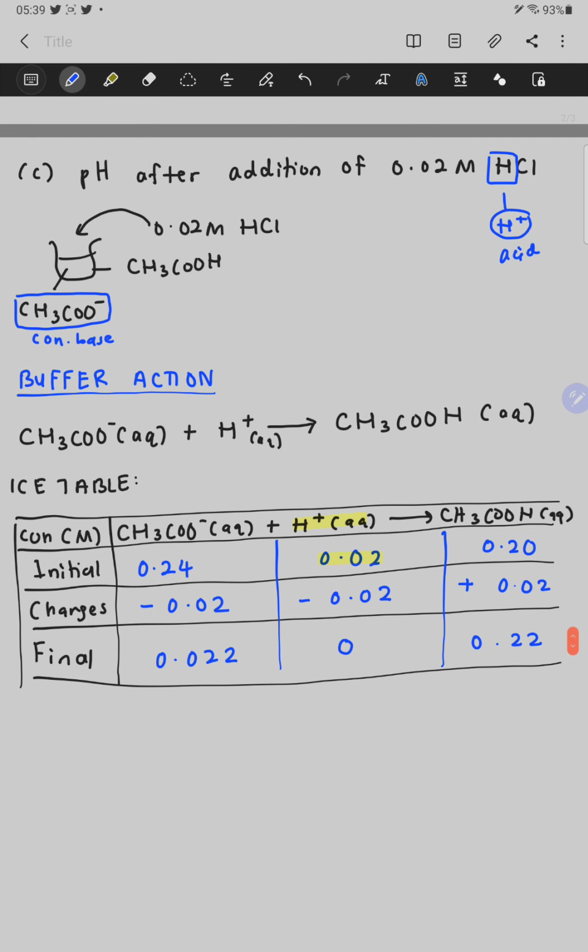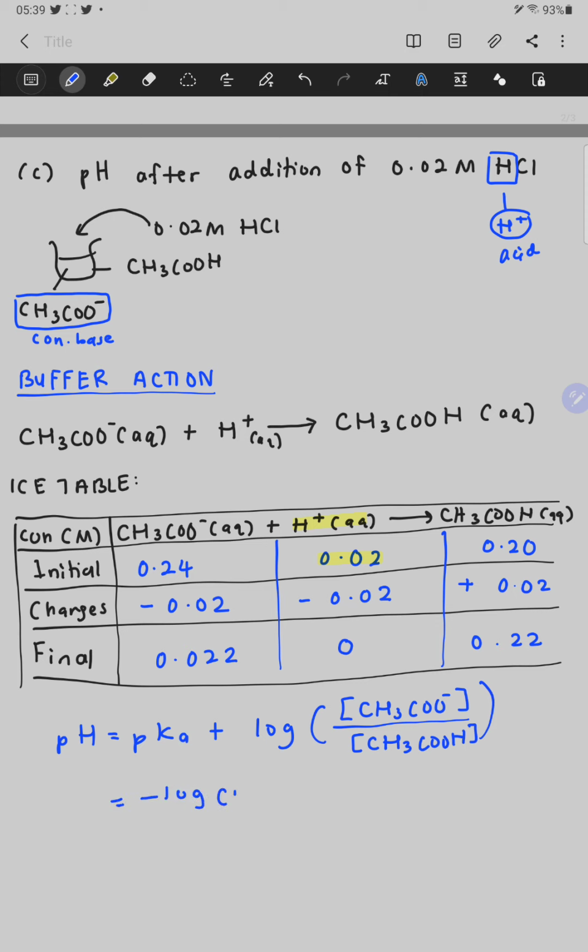Okay, and then baru kita akan kira the new pH after addition of strong acid. So pH = pKa plus log concentration of conjugate base CH3COO- over concentration of weak acid CH3COOH. Okay, so pKa is negative log 1.8 exponent negative 5 plus log.